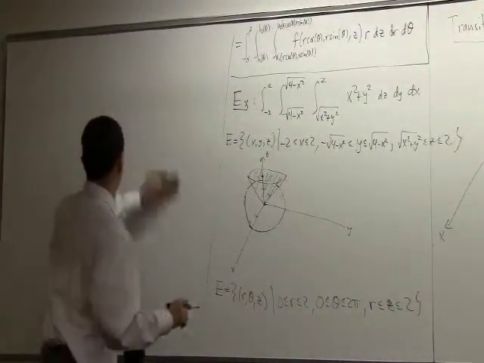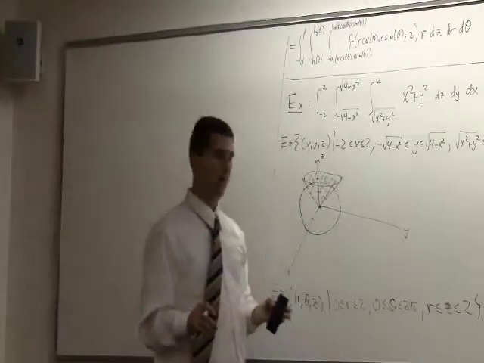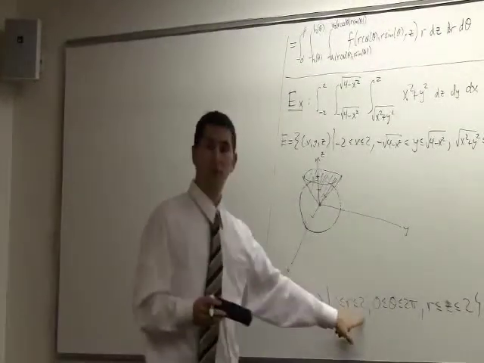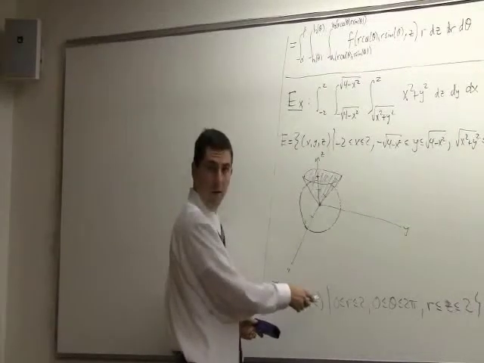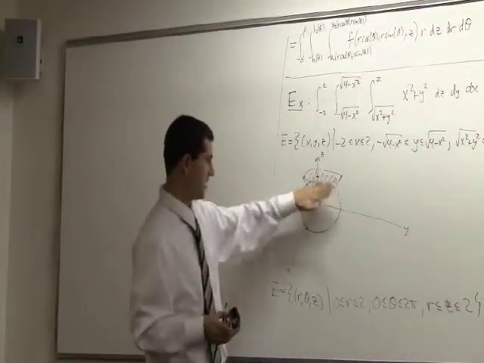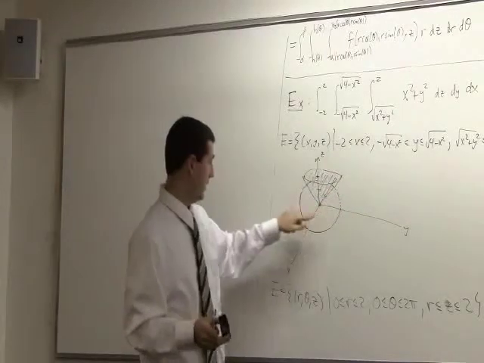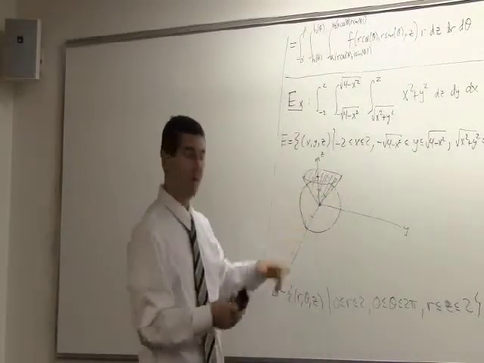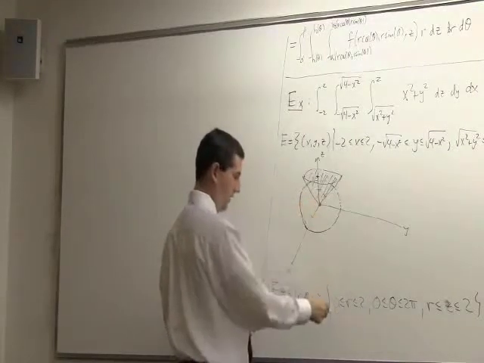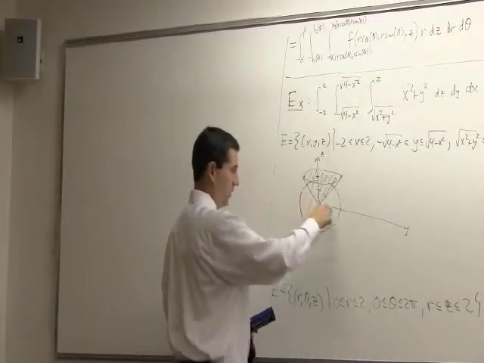Could you explain again how you get r between 0 and 2? Well, remember, if you forget about the z-coordinate, then it should just be whatever the projection is onto the xy plane. In the xy plane, the projection is a circle of radius 2. So you should be getting everything between 0 and 2 for your radius.